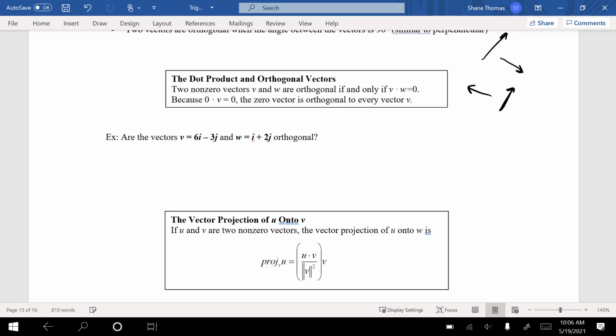Looking at this, I have the vectors v is 6i minus 3j, and w is i plus 2j. We want to know if they're orthogonal. Do the dot product. So v dot w equals. Finish it. Tell me what you get. Just apply the dot product.